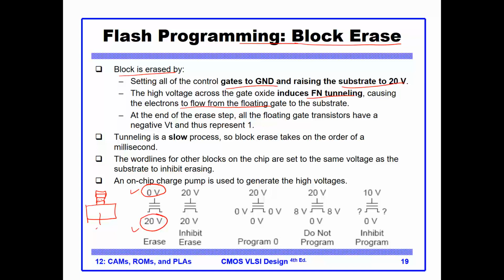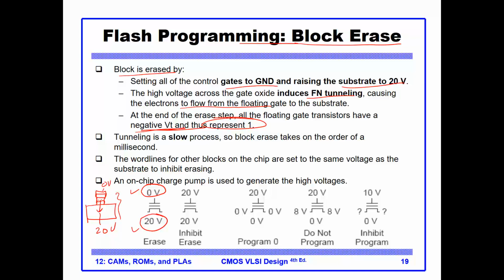If you connect this to 20 volts and this to 0 volts, those electrons tunnel all the way to the substrate. In their absence, these erased gates will have a negative VT, and basically represent 1 in terms of the bit value, or the information being stored at that cell.